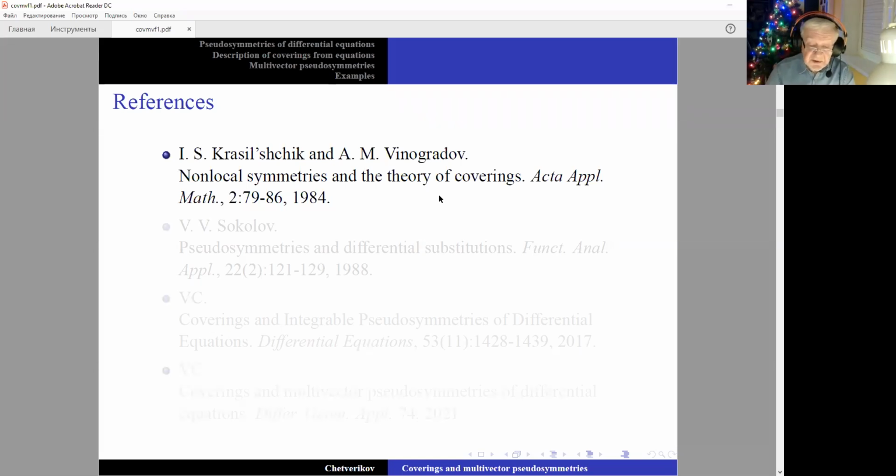Covariance of differential equations were introduced by Krasilshchik and Vinogradov. Differential substitutions, non-local symmetries, Backlund transformations, and recursion operators were formulated in the language of covariance.